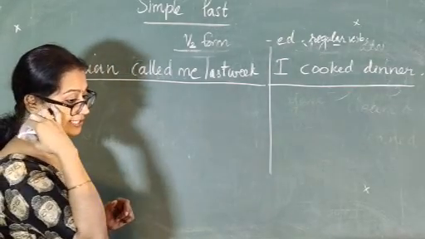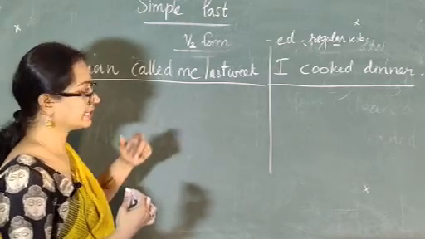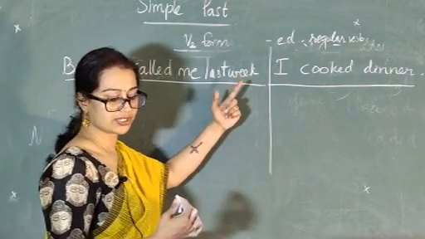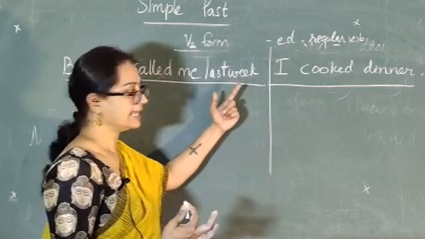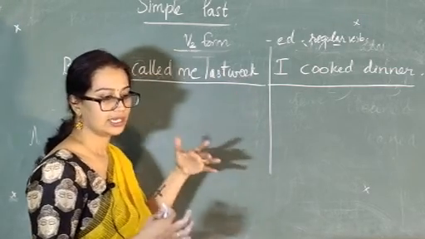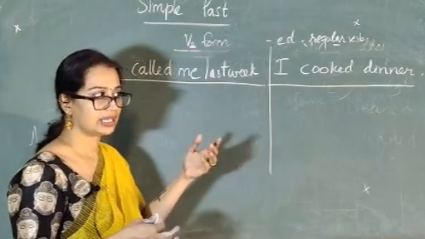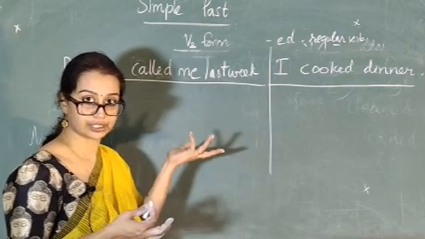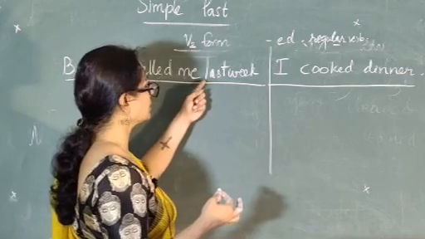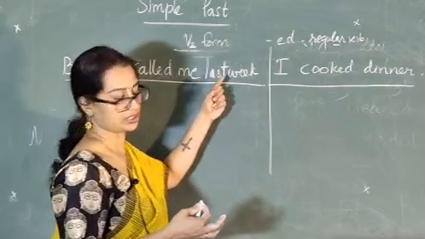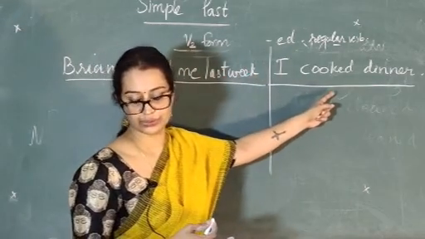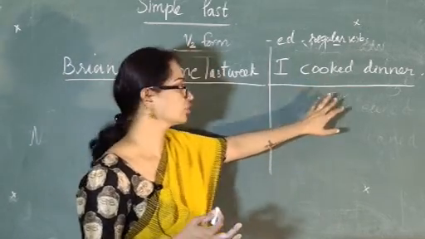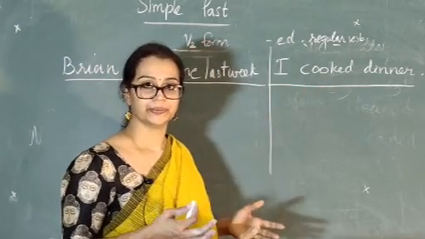sentences. Look at the first one. First one has a time expression. The time expression, adverbs of time, what is that? Last week, it can be last month, it can be yesterday, day before yesterday, last year, anything. Okay, so this is the time expression, and here you don't see any time expression. Do you see any time expression here? No. I cooked dinner.